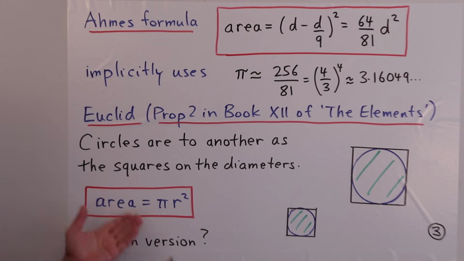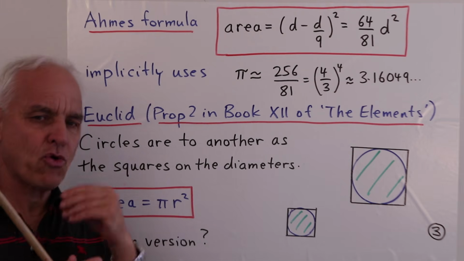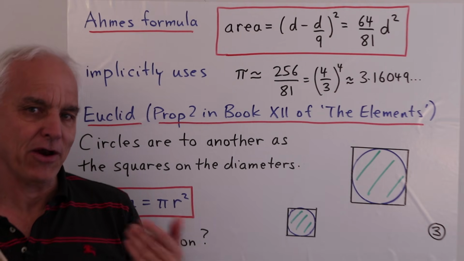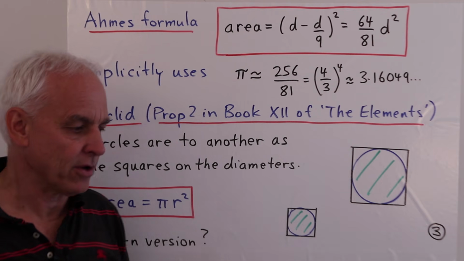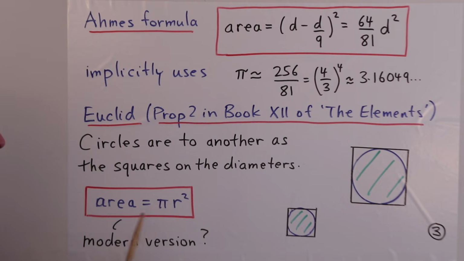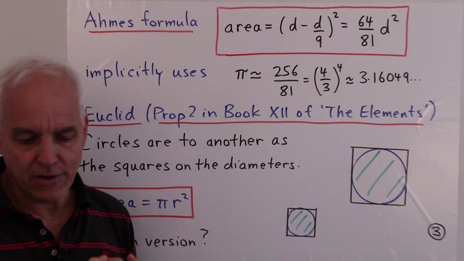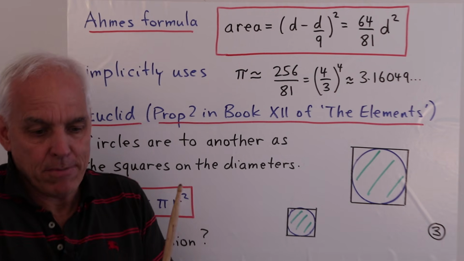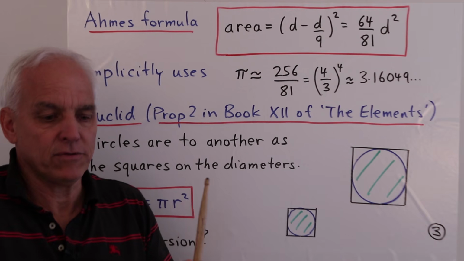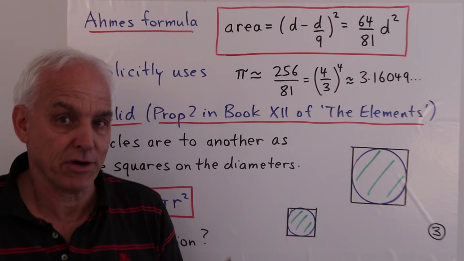So in our modern point of view, with modern language, we would say that this is expressing the quadratic dependence of area on the radius, even though the radius doesn't really figure in Euclid's story. So we would write area equals pi r squared, telling us that not only is the area of a circle of radius 1 equal to pi, but furthermore, that same constant pi is involved in the area for an arbitrary circle of arbitrary radius r.